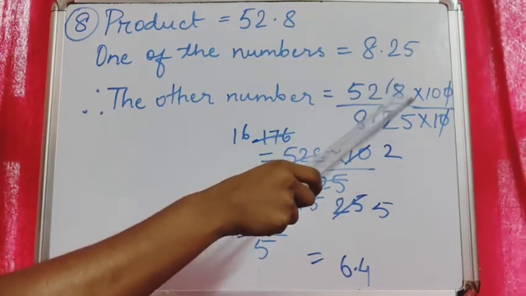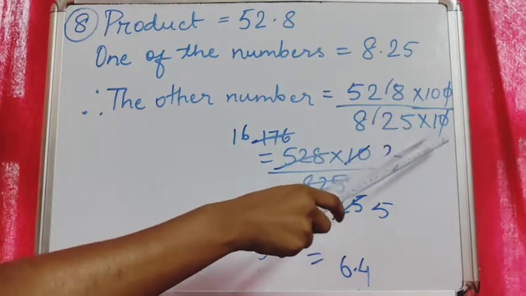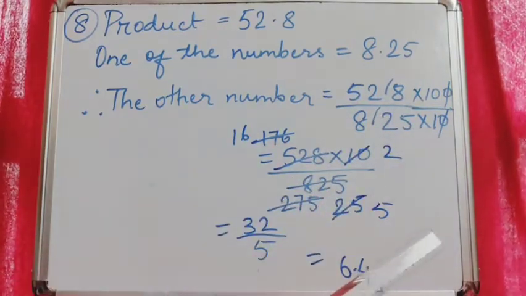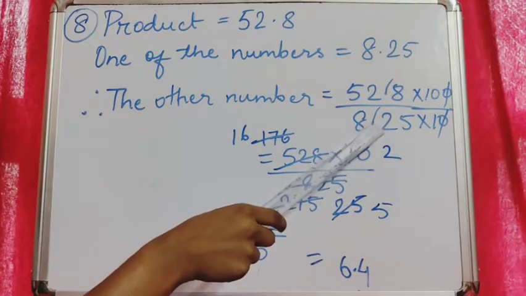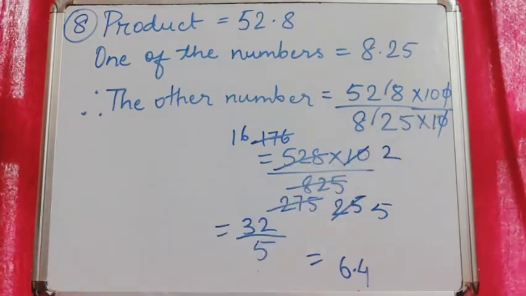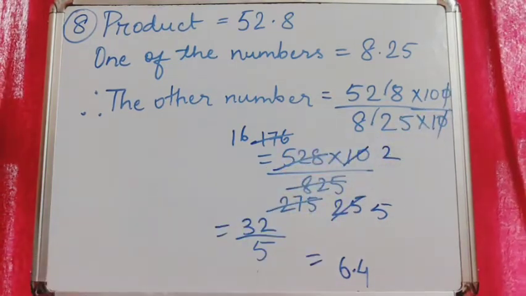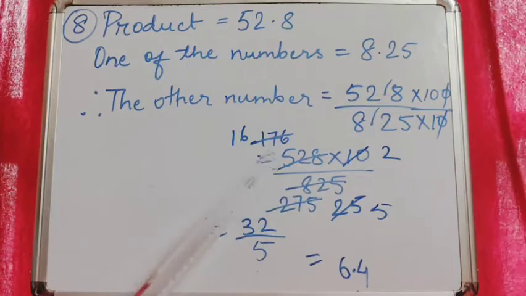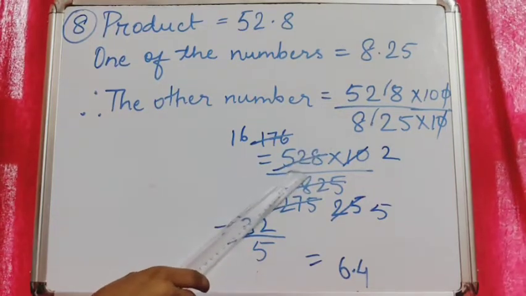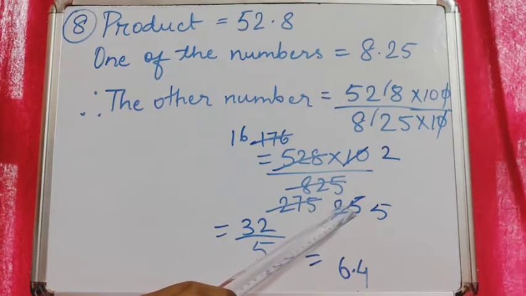So, this decimal point from here, 52.8, you remove the decimal point and you write into 10 in the denominator. Similarly, you remove this decimal point from 8.25 and you write into 100 in the numerator. Now you can cancel 10 both from the numerator and denominator. Then we will be left with 528 into 10 by 825.